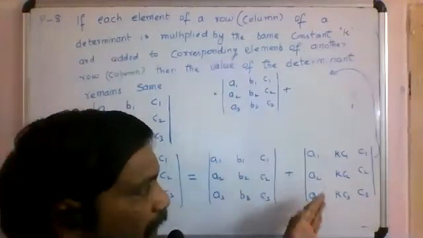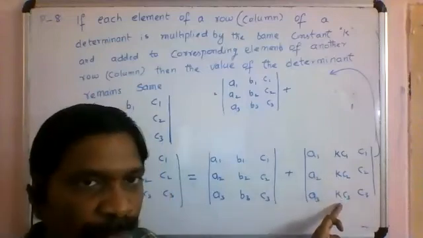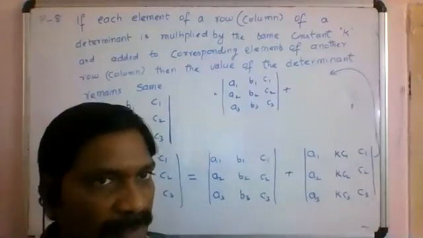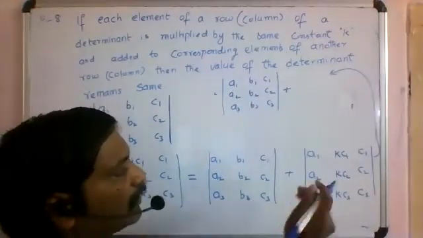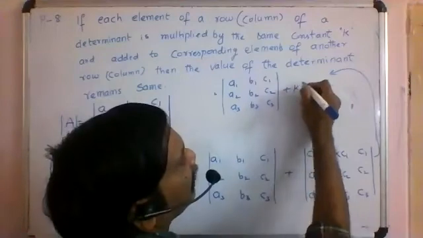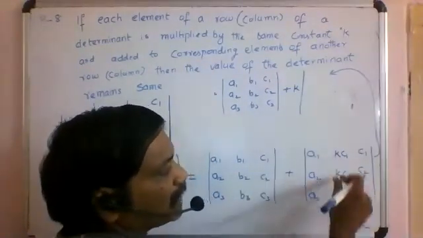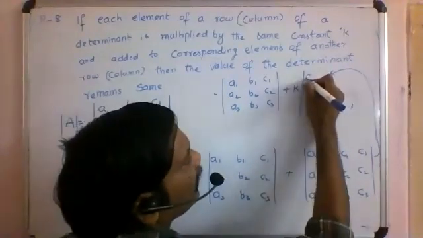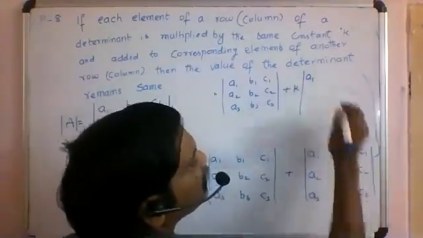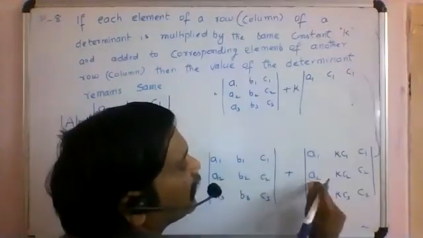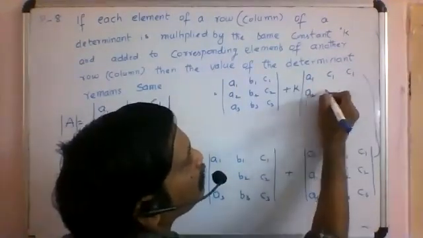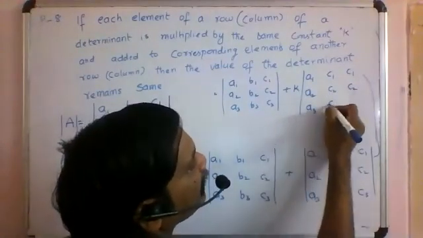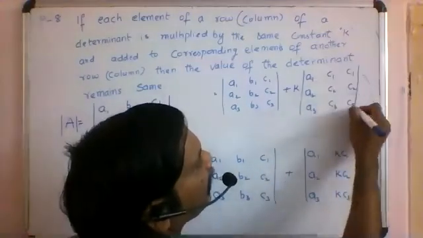Here, in the second column, k is common, so I can take k outside and write the determinant with columns A1, A2, A3, then C1, C2, C3, then C1, C2, C3.